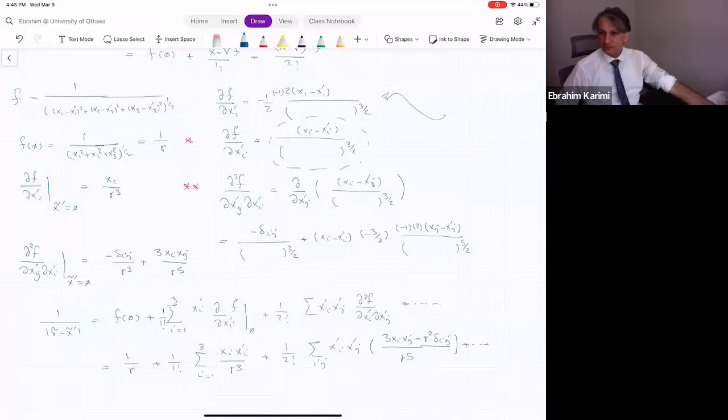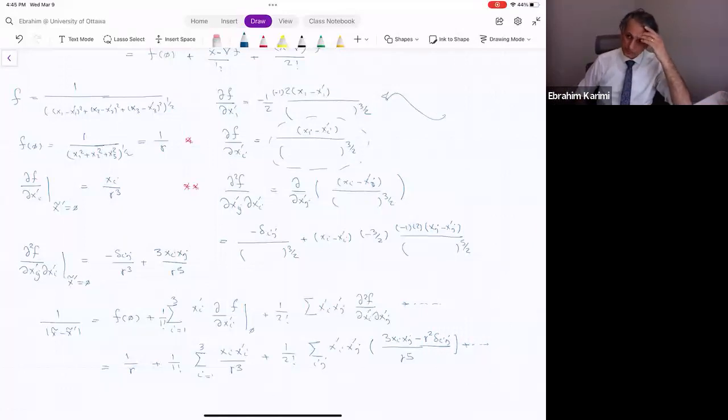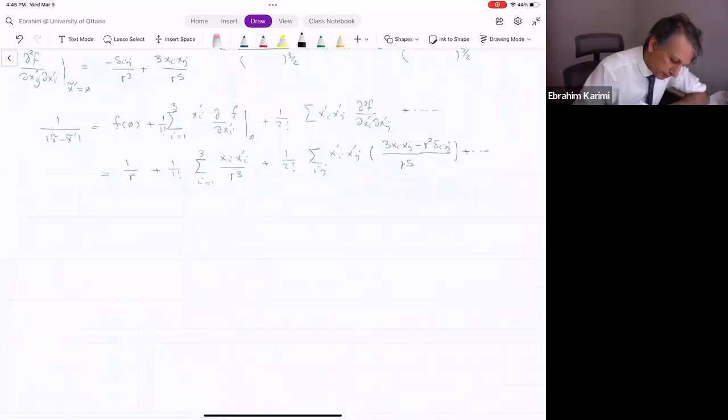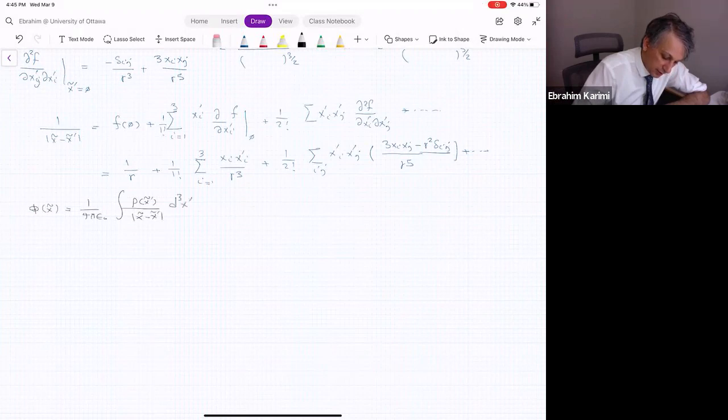Any mistakes? Good. That's the expansion in the Cartesian coordinates. Indeed, why I have done that is because I want to look for the potential at the position of x, which is 1 divided by 4 pi epsilon naught, integral of rho of x prime divided by x minus x prime, d3 x prime.